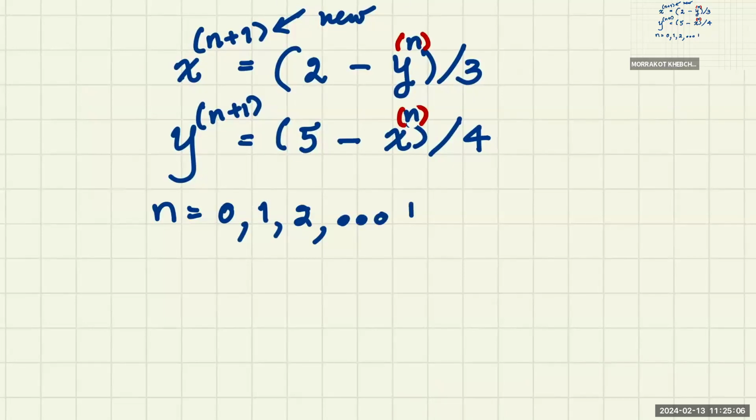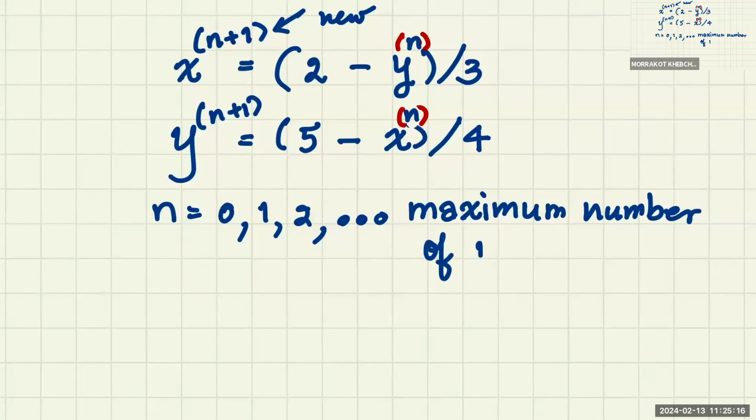But you have to finish at the maximum. This maximum is controlled by you. You will say, okay, I will let it run up until only 1,000. But if you want more accurate, you say, okay, I allow 10,000.